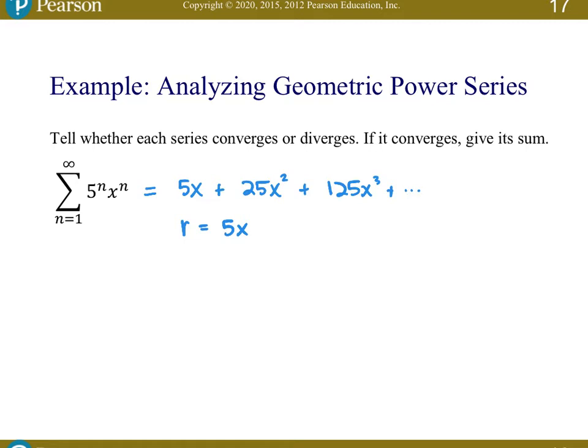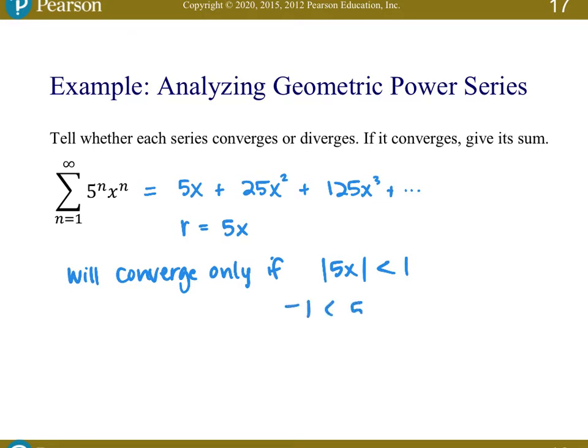So this geometric series will converge if and only if this 5x value stays less than 1 in absolute value.